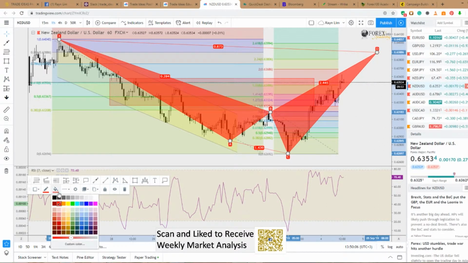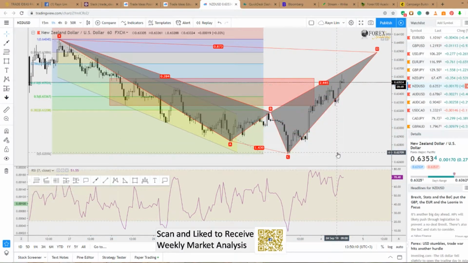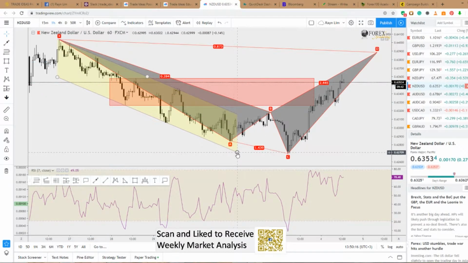So this is the shark that I'm personally looking at. Channel already not in use, feel free to remove it. Sell zone still in use, keep it there.